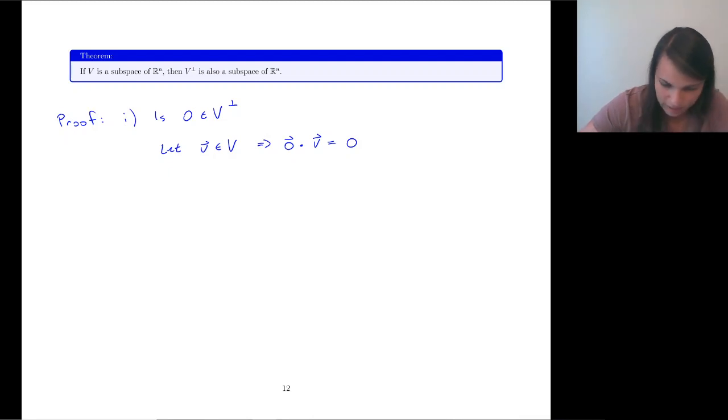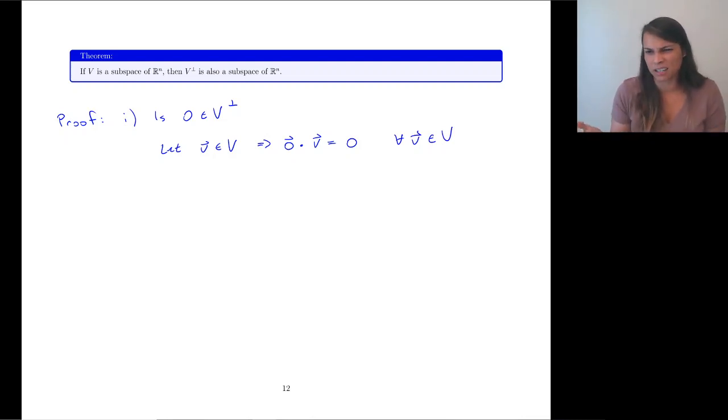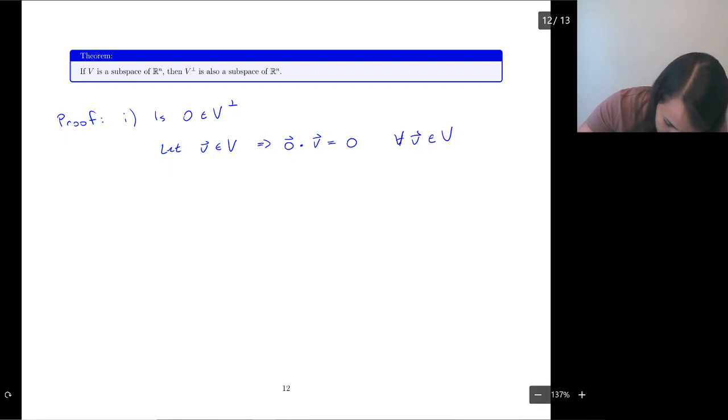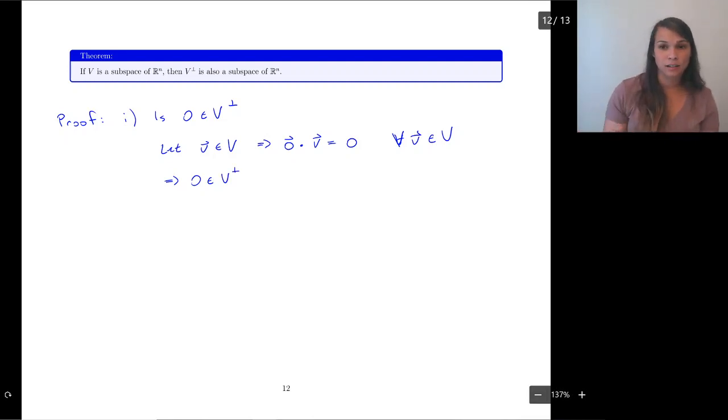So then we can say that the 0 vector is orthogonal to V, and this works for all V's in V. We didn't pick a special V, we just said any V, and so it'll work for all of them. That's what this symbol right here means, by the way. I think I've talked about this symbol for all. Okay. So then 0 is in V perp. So even if you couldn't get this started, pause now. Try and do the addition one by yourself.